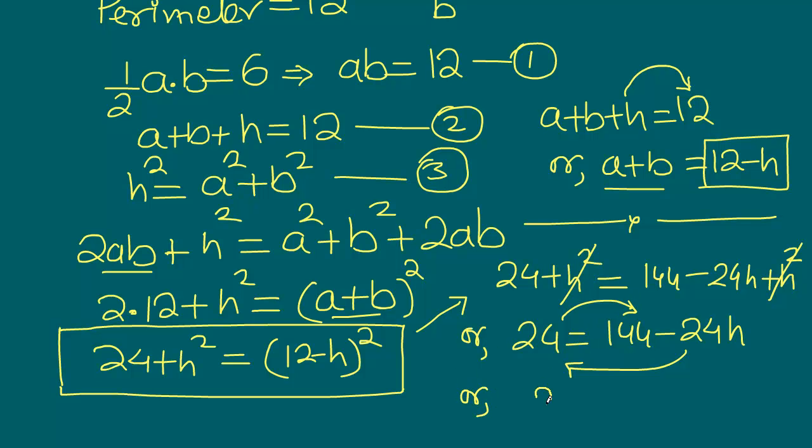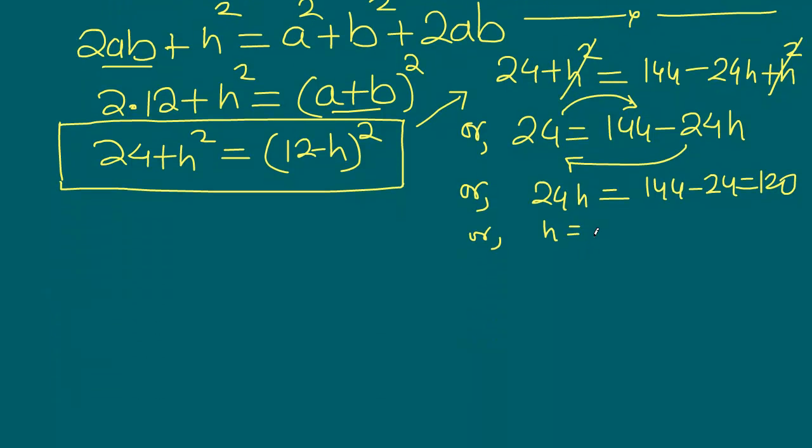So here we have 24h equal to 144 minus 24, or this will be 120, or simply h will be equal to 120 divided by 24, which is simply 5. Do the division, we'll get 5. So now h is the hypotenuse, and the hypotenuse is 5.